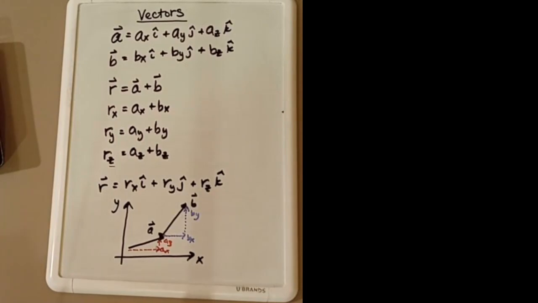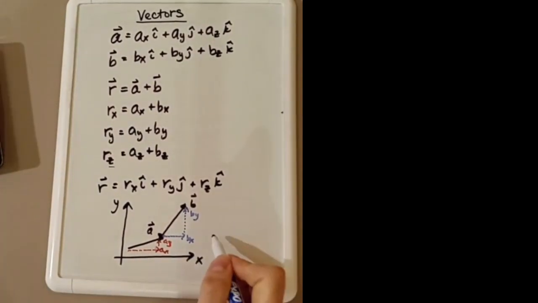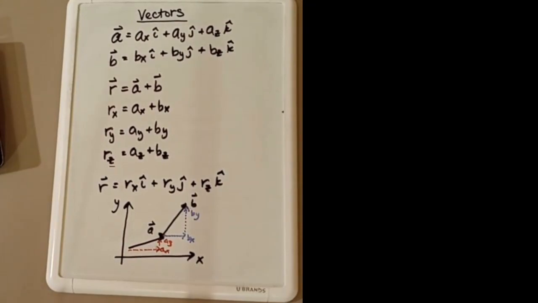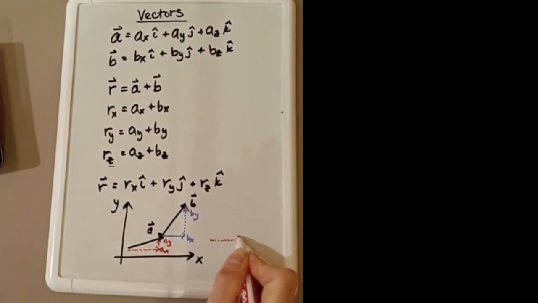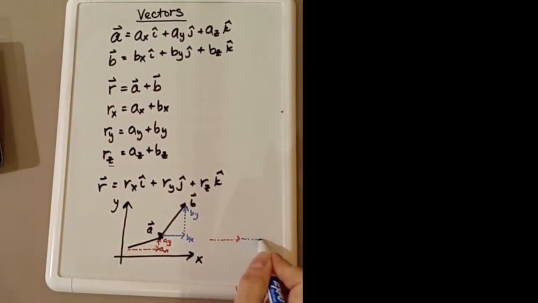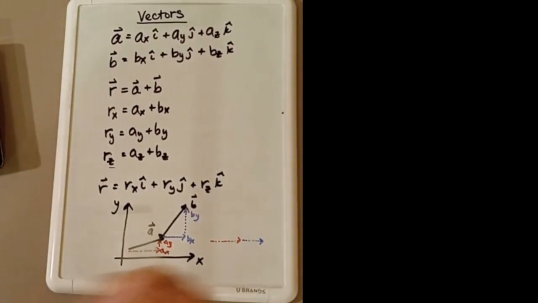So Rx would just be the addition of our AX component plus our BX component. This would be our AX plus our BX would be our Rx.